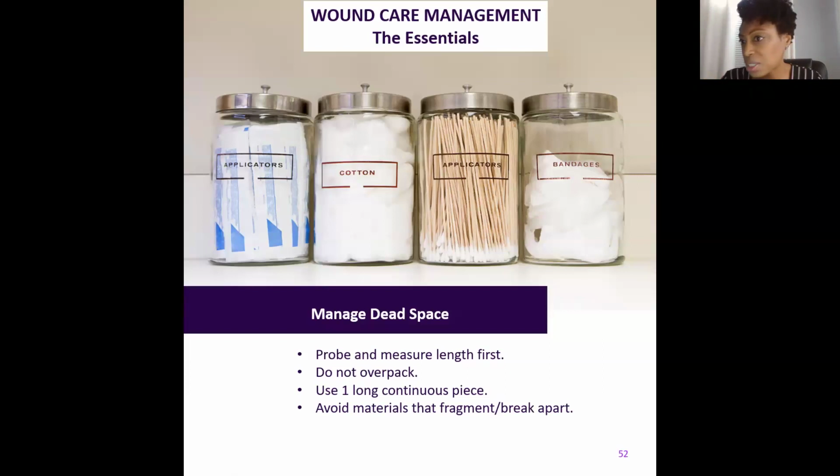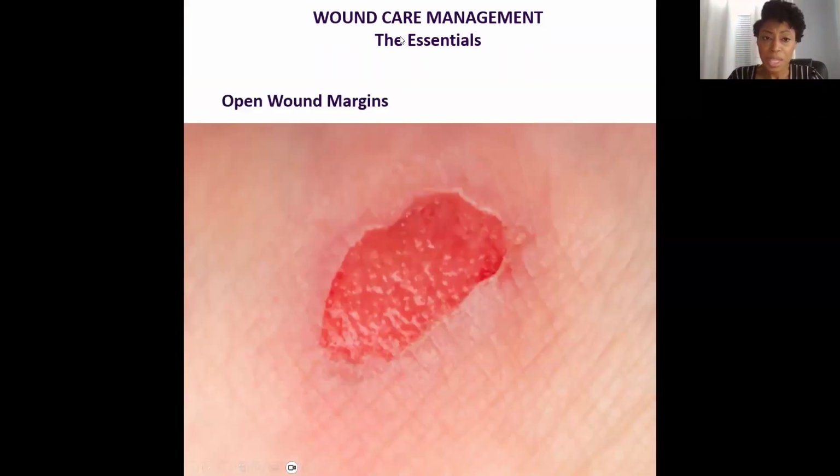We have had situations here in the United States, and I'm sure this happens all over the world, where there is foreign material left behind because multiple pieces of material were used, and that is not good practice. And lastly, avoid materials that fragment or break apart. It needs to have a high tensile strength so that it can be safely removed from a wound when the time calls for it.